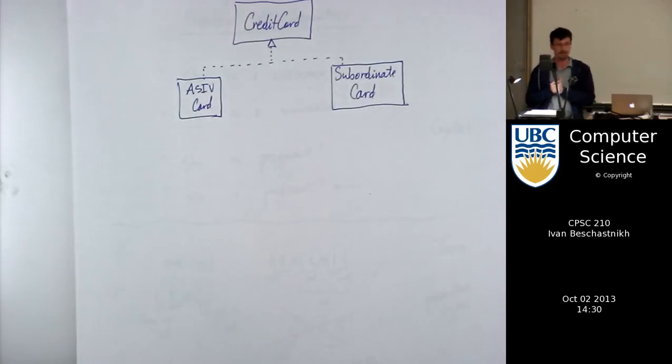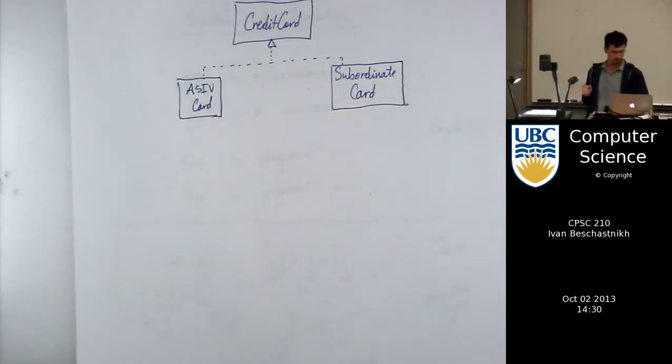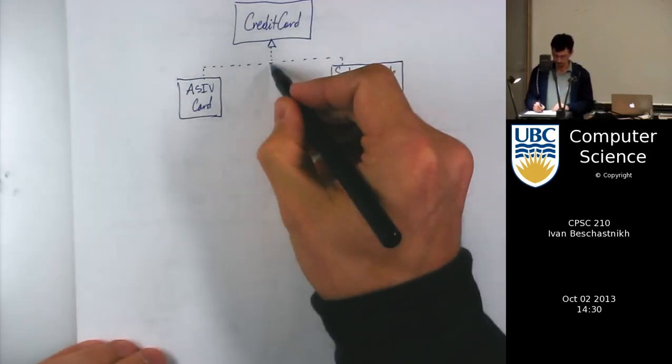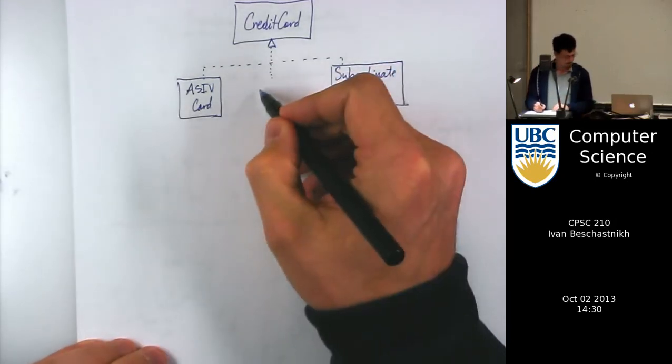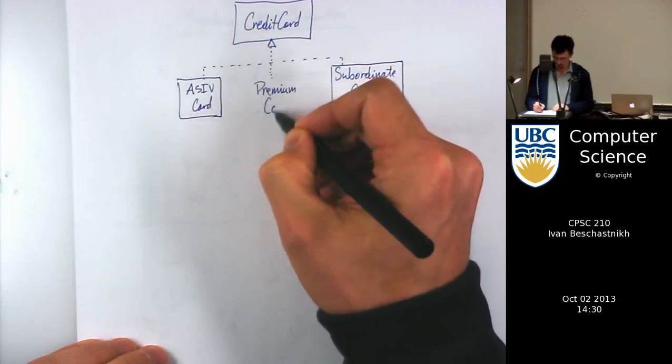Let's say that hypothetically, I want to add a new kind of card. And I want to add a card that's going to be the premium card. You know, like premium card.